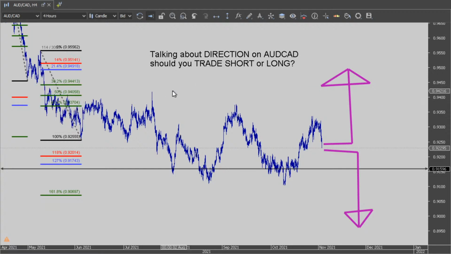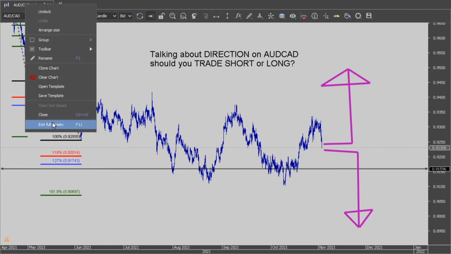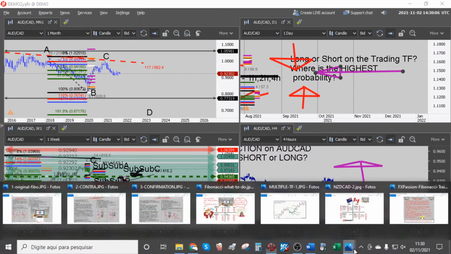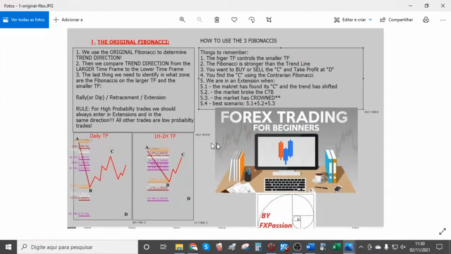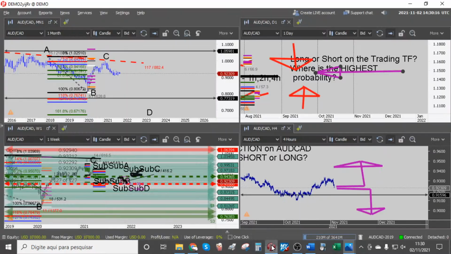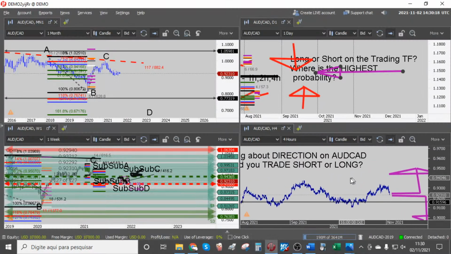Patil, why would you go long on the 4-hour chart when, everybody, those are the concepts, the 3 Fibonaccis and the multiple time frames. We use the original Fibonacci to determine trend direction, period, end of story. AUD-CAD monthly, trend direction down, according to the Fibonacci. AUD-CAD weekly, trend direction down, according to the Fibonacci.